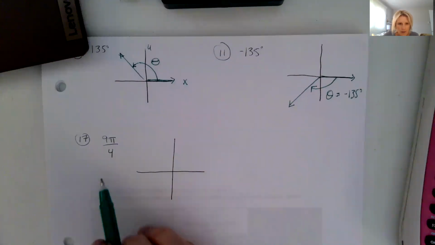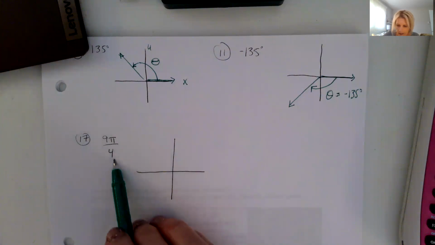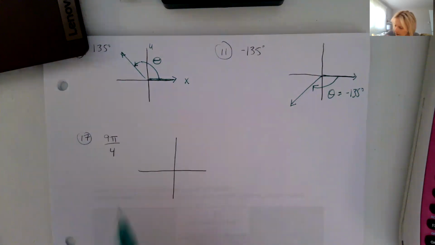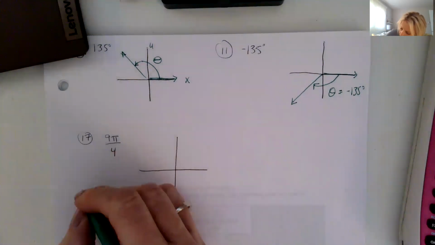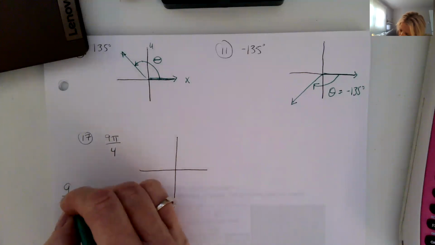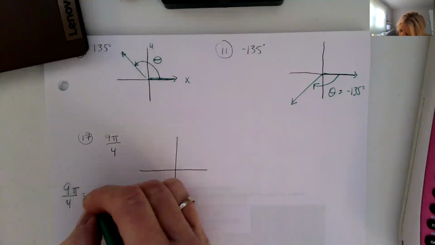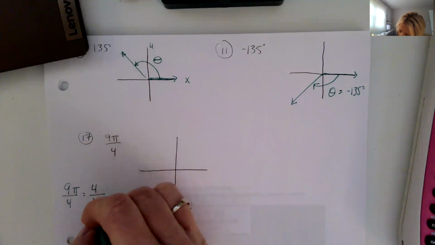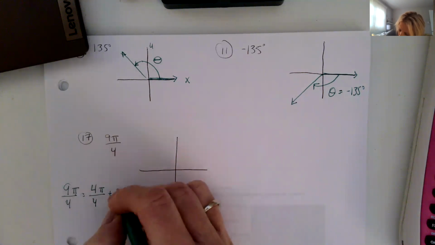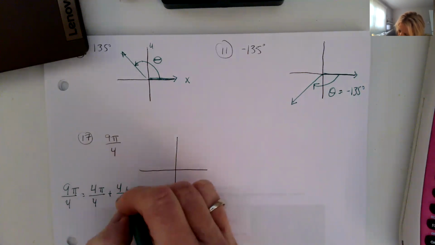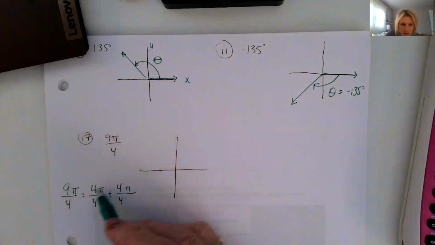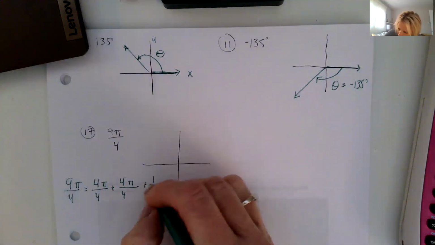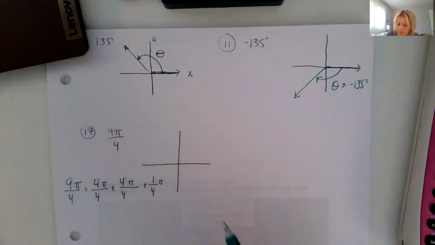Okay, so they want to go 9/4 pi, which means, let's just rewrite this, 9/4 pi means that we went 4/4 pi, so a full pi plus another full pi, because that would be 8/4, plus 1/4 pi.